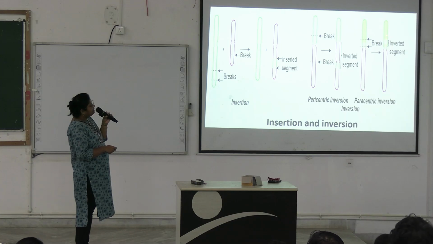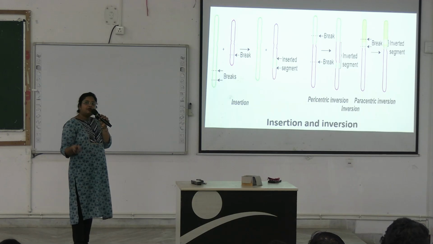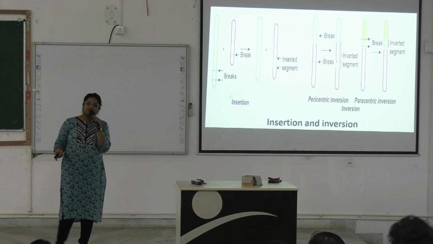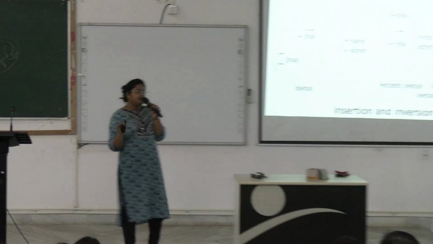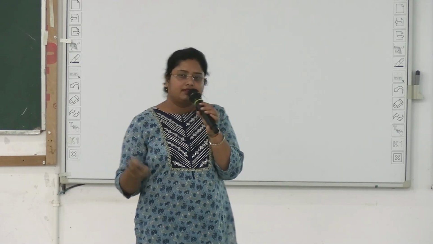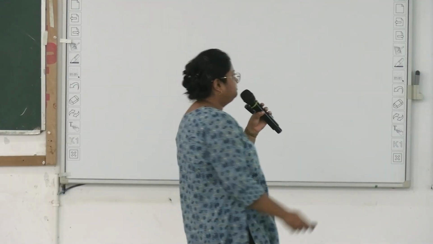Here the white segment is joining with the yellow and yellow is joining with the white part. And it is not involving the centromere. That's why the name paracentric is given. Para means away from the centromere. Peri means around the centromere. So these terms are used like this. Okay, understood?